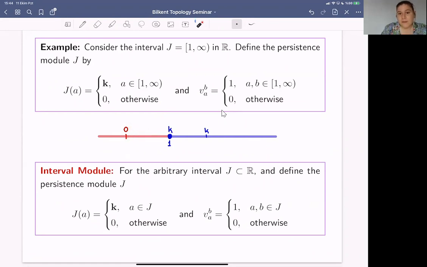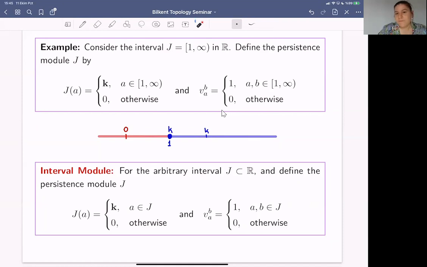What about the linear maps? If you are inside of this interval, the linear map is the identity map. But if one vector space is inside and the other is outside, or if both vector spaces are outside of this interval, then the linear maps are zero maps.